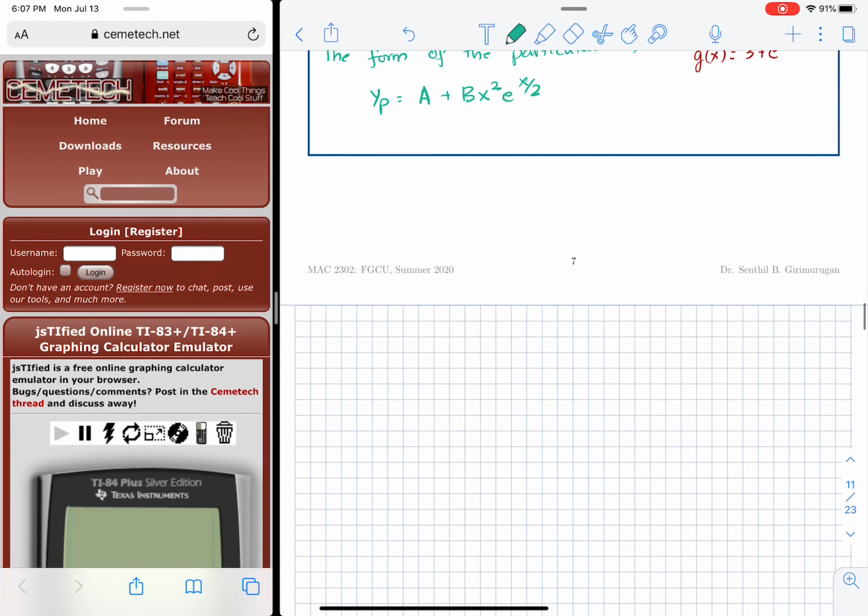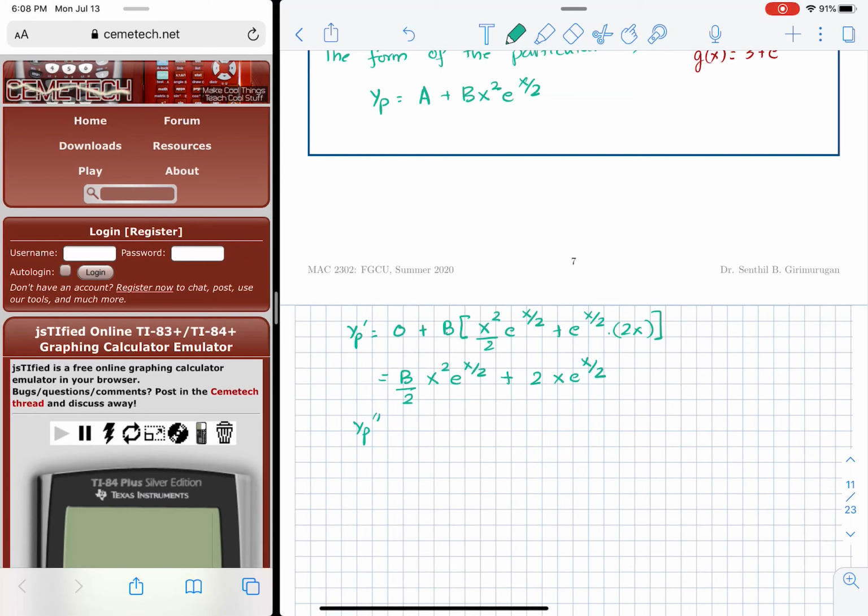So now we have to find yp prime, which is 0 plus b x squared over 2 e raised x over 2 plus e raised x over 2 multiplied by 2x. So b over 2 x squared e raised x over 2 plus 2 times x e raised x over 2.